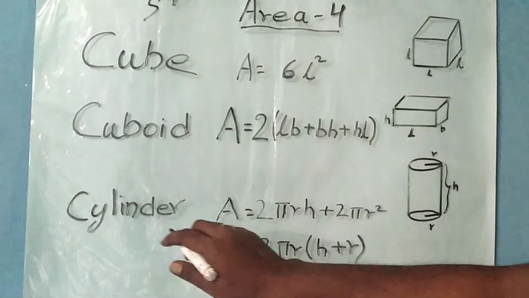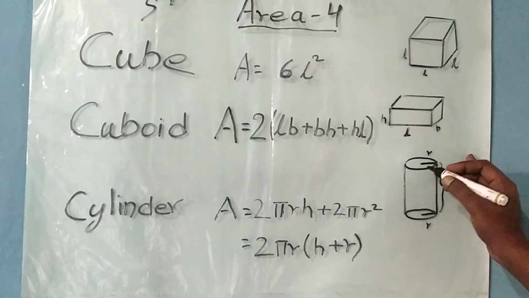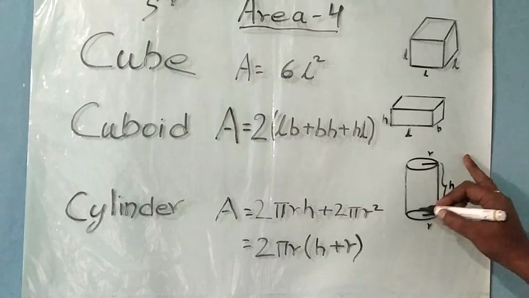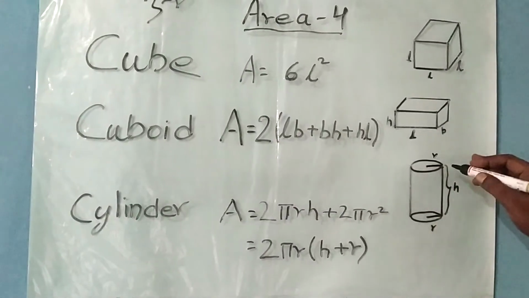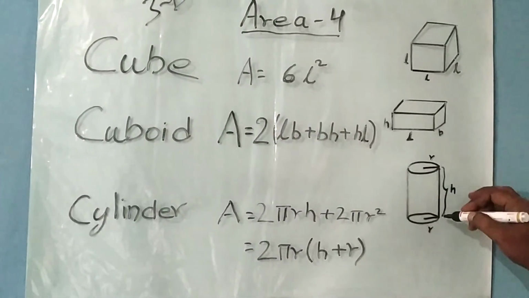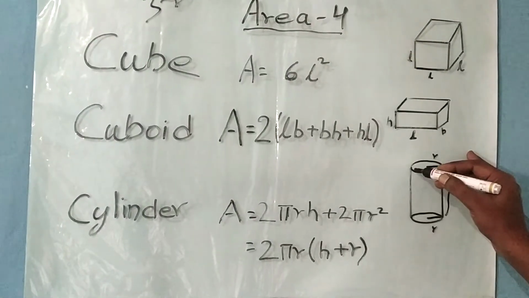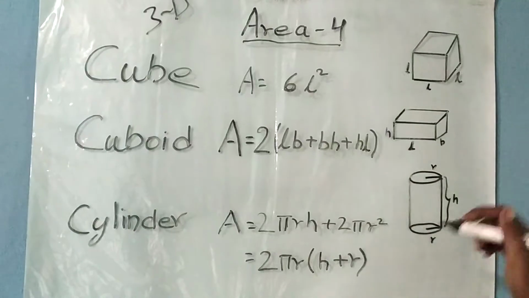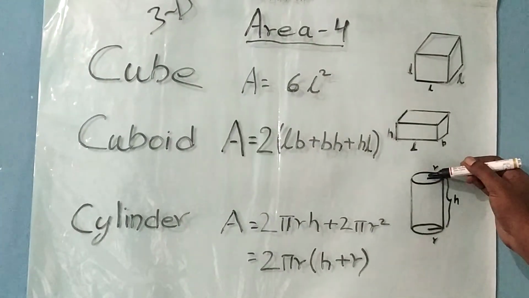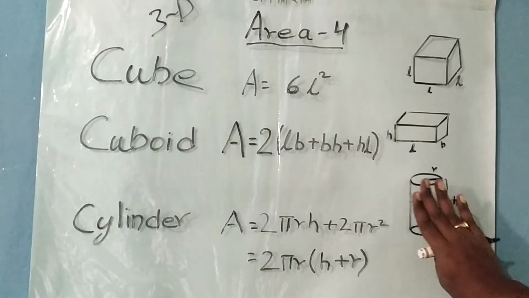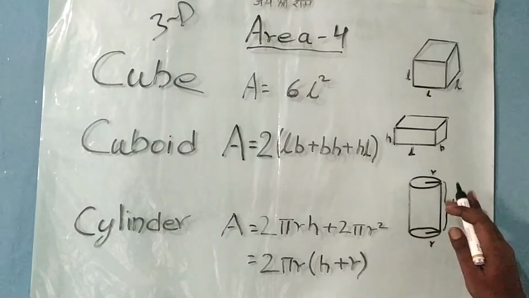Let's come to the cylinder. In a cylinder we know that it is can-shaped. It has a height, this is called the height, and the base is circular in shape and the top is also circular. So the area of this plus the area of this and this curved area will be the total surface area.